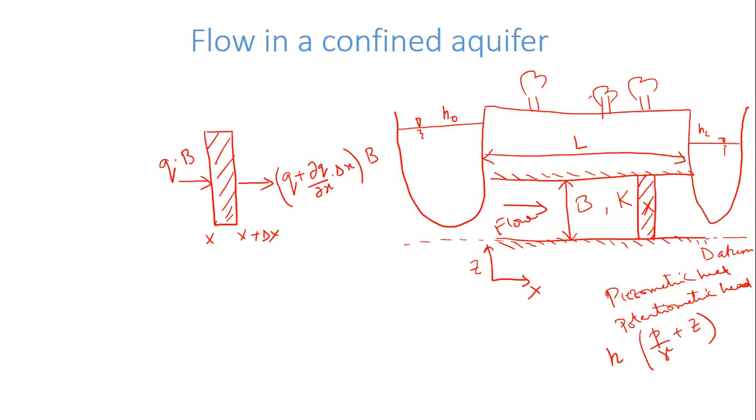Is there any other flow coming into this elemental representative volume? We are assuming that this aquifer is infinite in the direction perpendicular to the board, so there's no flow coming in any other direction. From this figure, you can see a confining unit above it and a confining unit below it.